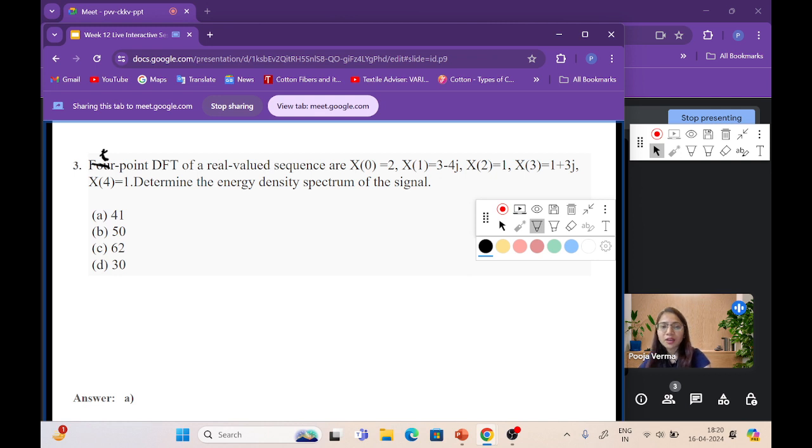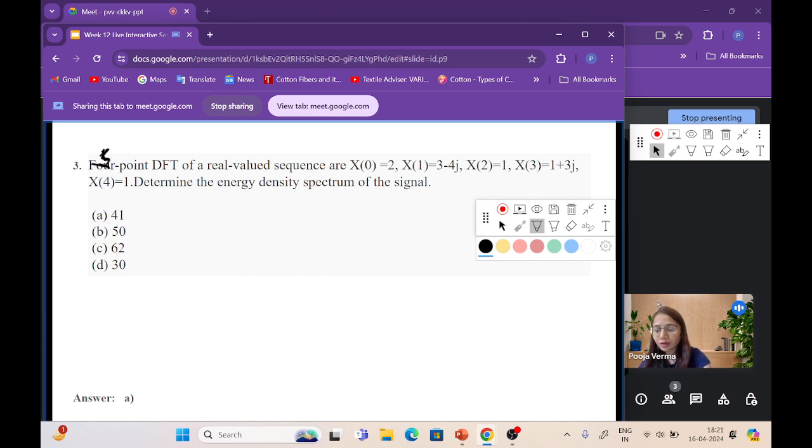So as we know, x of 0, x of 1, x of 2, x of 3, x of 4 are given. Now we need to find out x of 5 and 6 also. Otherwise we can determine from this also. Okay, this is a 5-point DFT, not a 4.